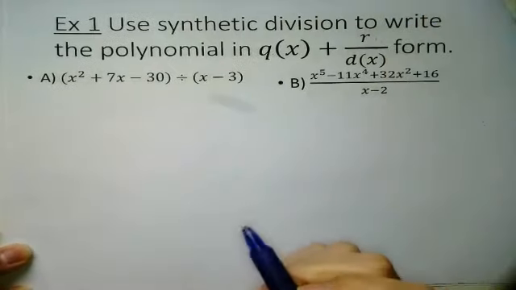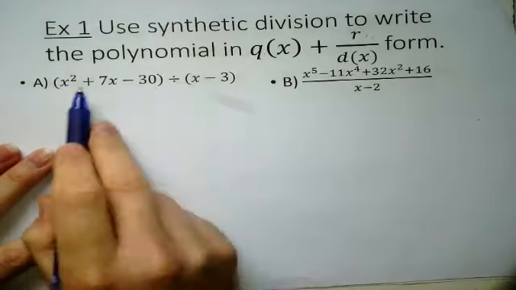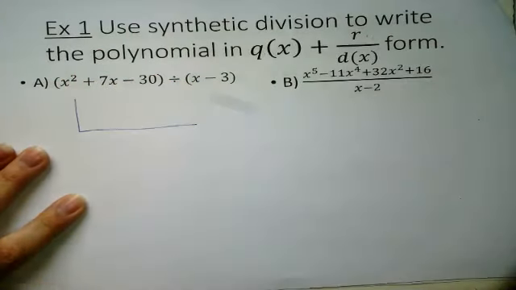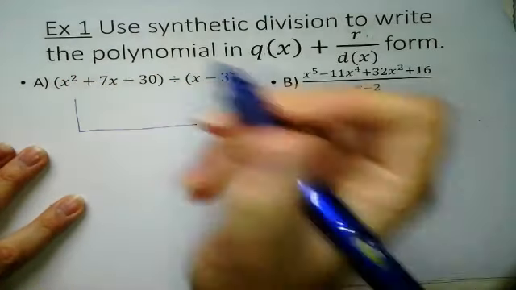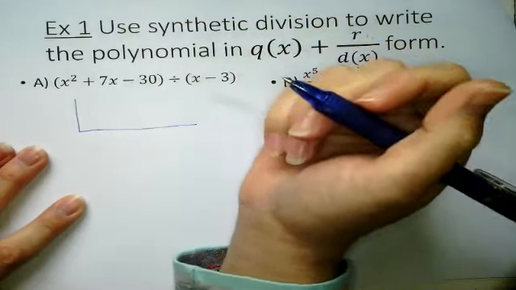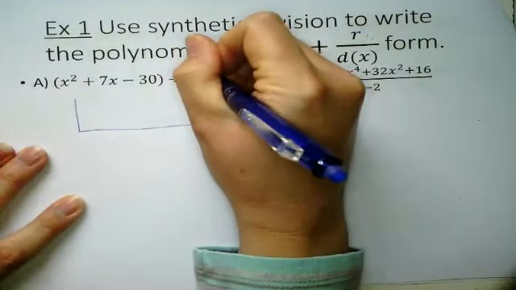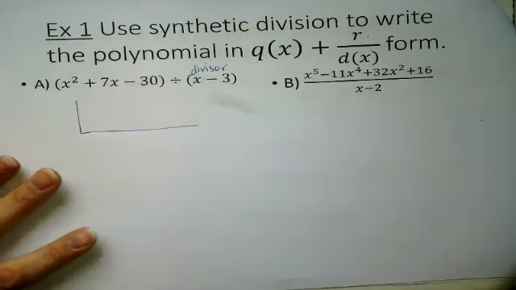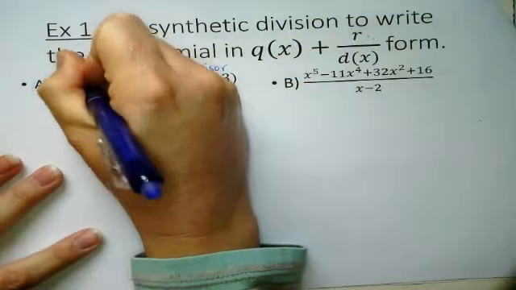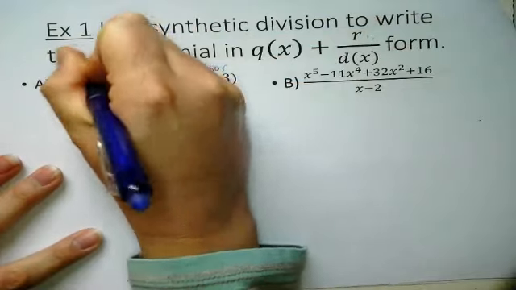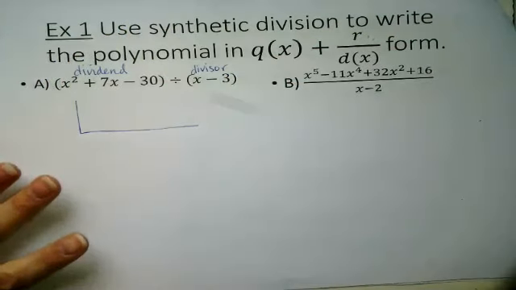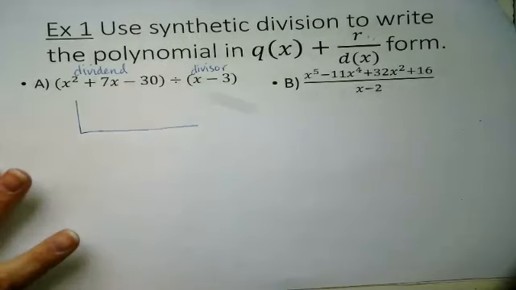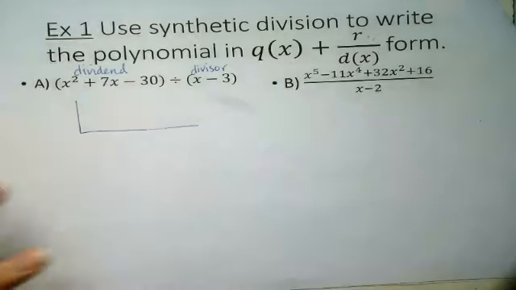We are dividing two polynomials here, and I don't know if you remember synthetic division, but we had this little synthetic division box. This x minus 3 is the divisor, the thing that is doing the dividing, and this is the dividend. This is the thing that we are dividing into, and hopefully we get our quotient out.